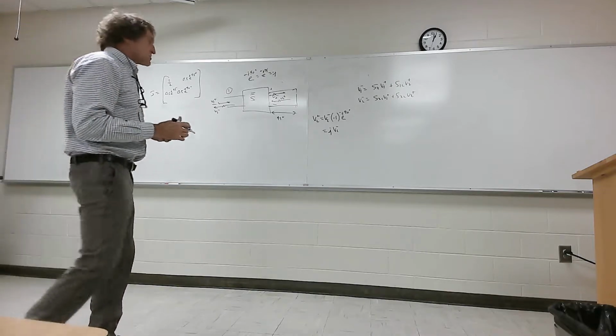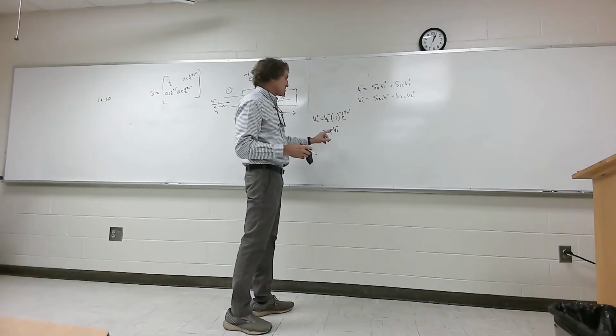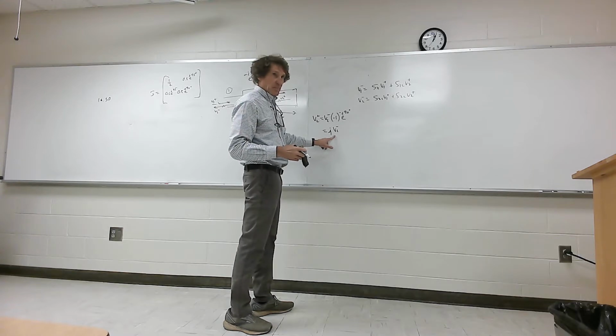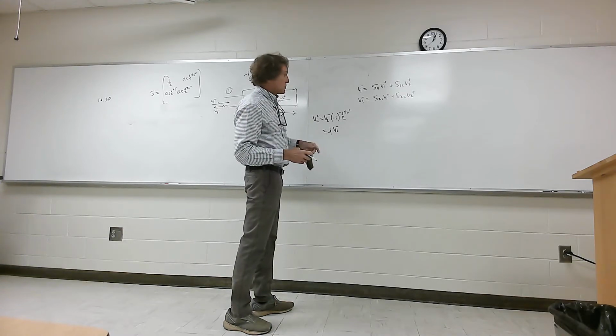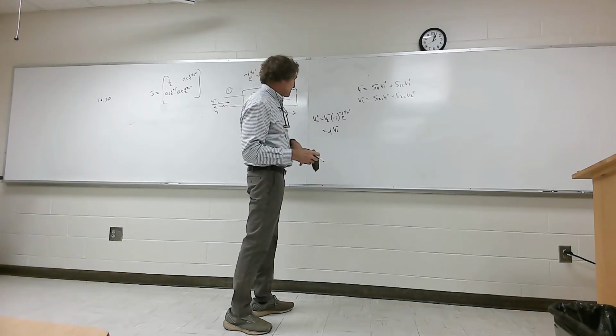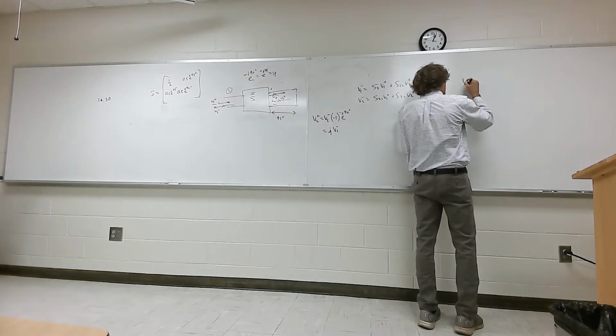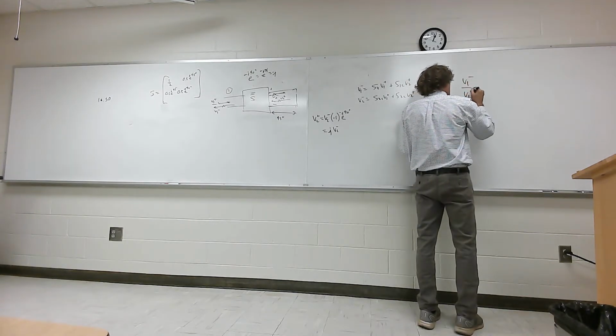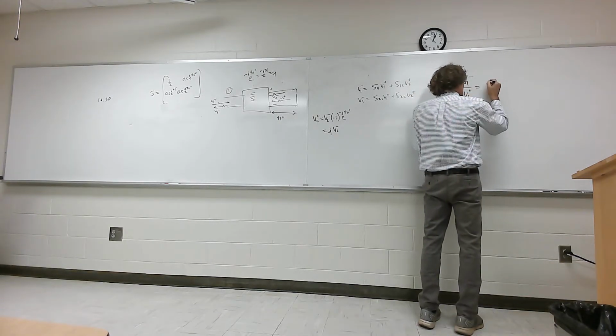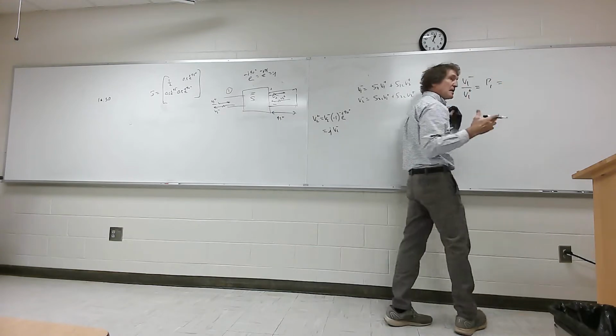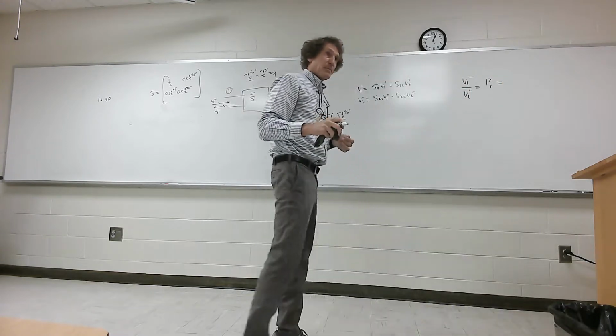Okay. So now I have V2 plus in terms of V2 minus. And that's really, at that point, he wants return loss, right? Return loss is going to be what? V1 minus over V1 plus. That is the reflection coefficient of port 1. We need that to get the return loss. Do you agree with that?